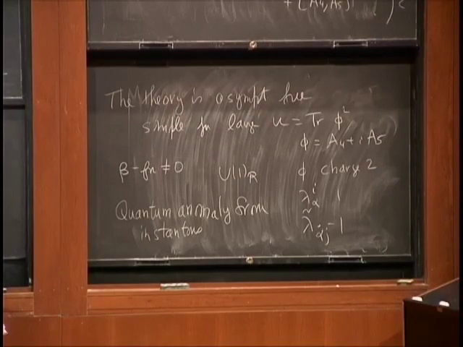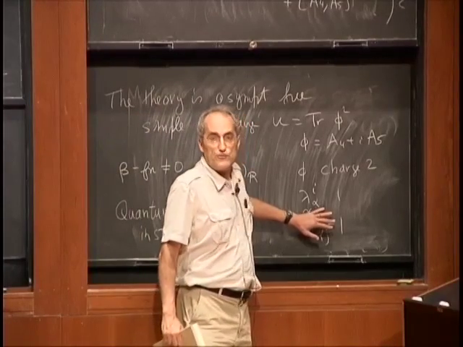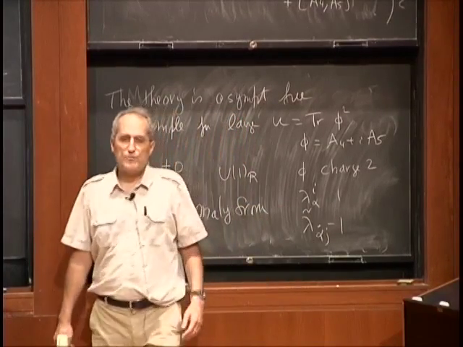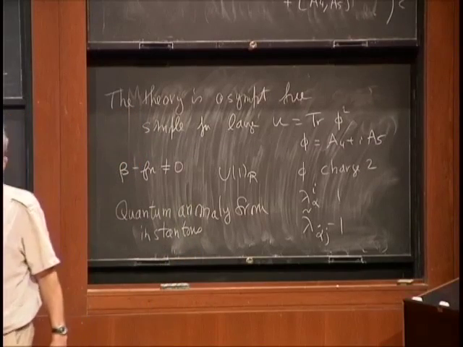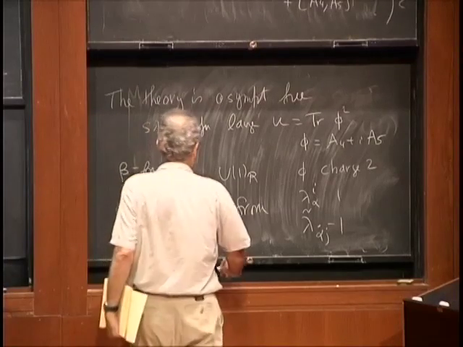So in an instanton as opposed to an anti-instanton, lambda tilde has no zero modes. But the number of zero modes of lambda comes out to be 8. 4 because it's in the adjoint representation, times 2 because we're doing N equals 2 supersymmetry and there are 2 of them. So there are 8 lambda zero modes.